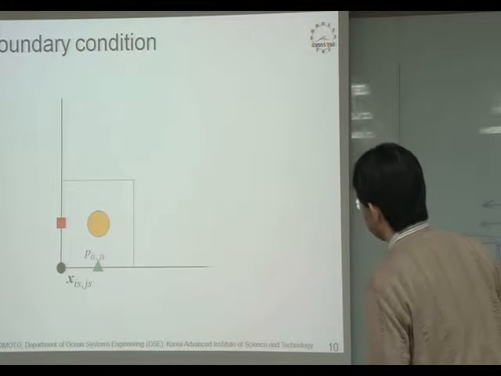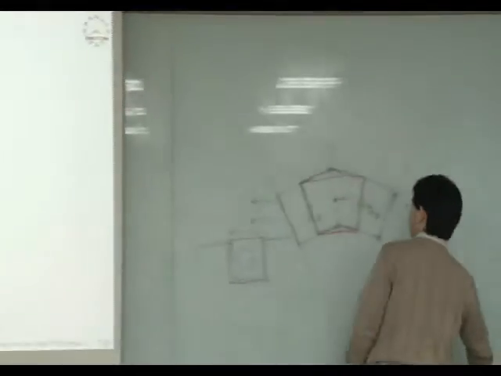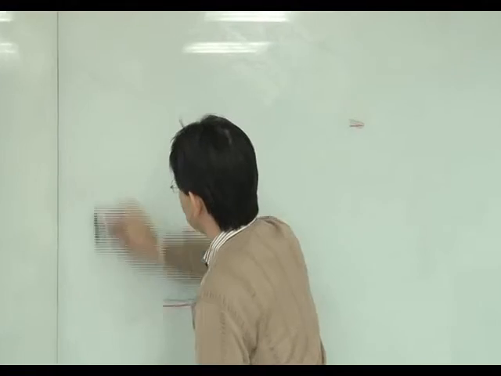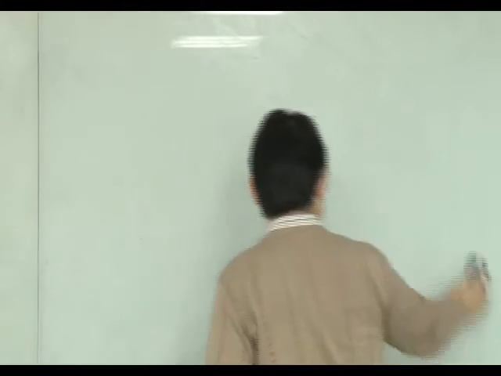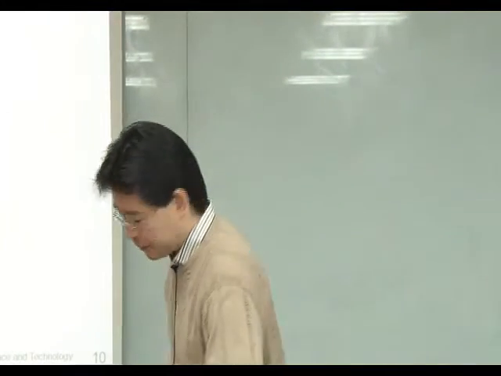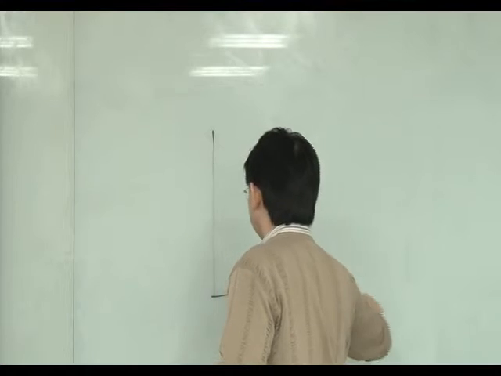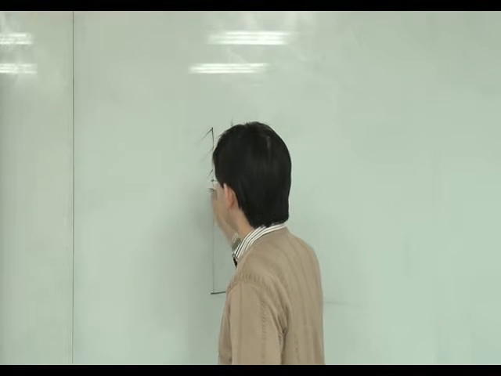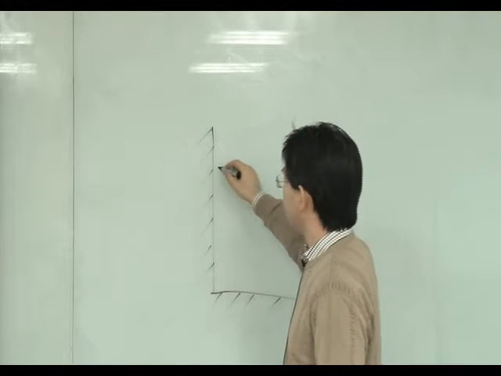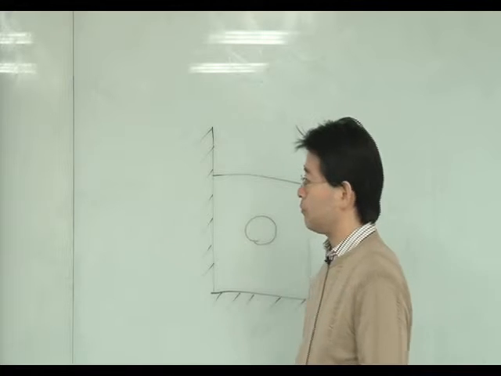So please imagine the required boundary condition. This is the first point of the simulating region. Two faces are no-slip wall.